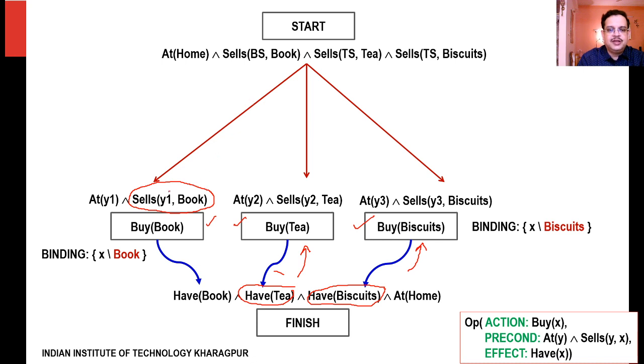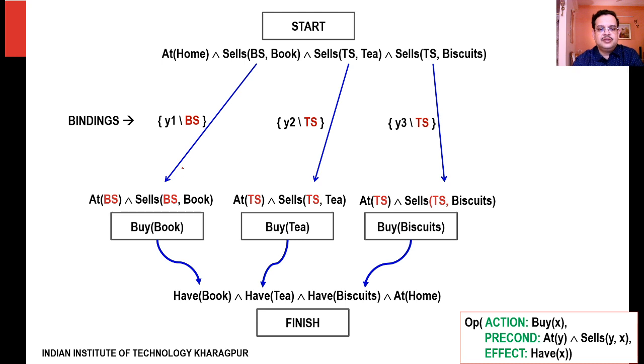Now I see that if I instantiate y1, that is if I replace y1 by BS, then sells BS book is already there in my initial state. So that can lead to a binding of this BS with this y1 to give me sells BS book here. Okay, so that's what is happening here.